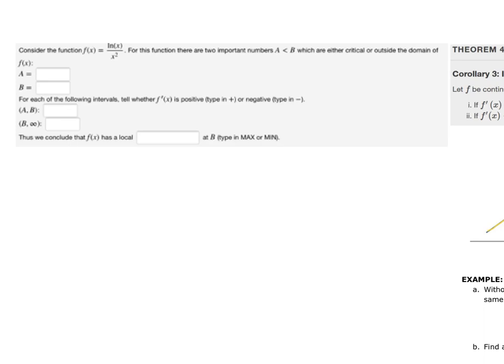So the first thing we want to do is take the derivative. So f of x, well, let's do this in black instead of yellow. f of x is equal to the natural log of x over x squared. And so the derivative f prime of x is equal to, and I'm going to do this with the product rule.